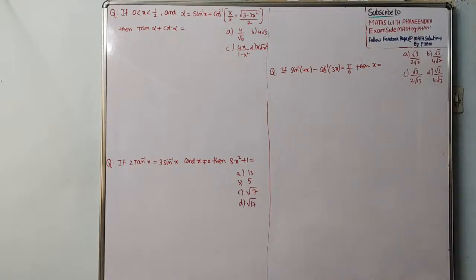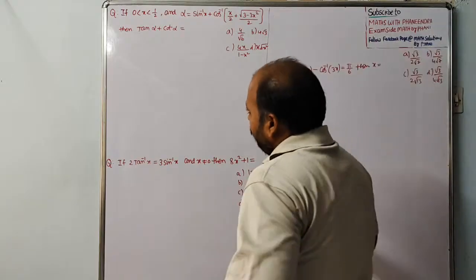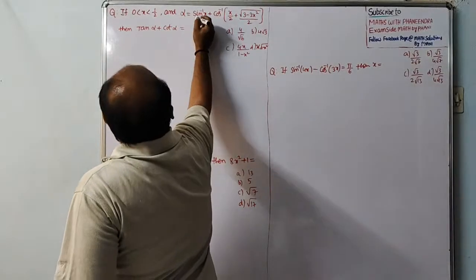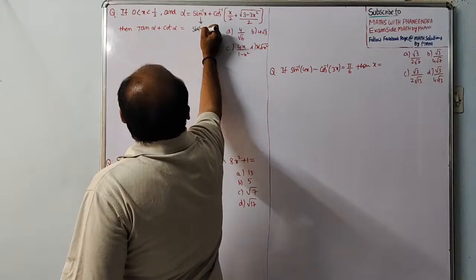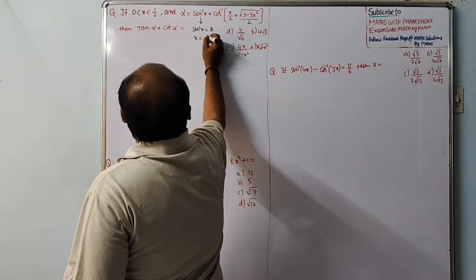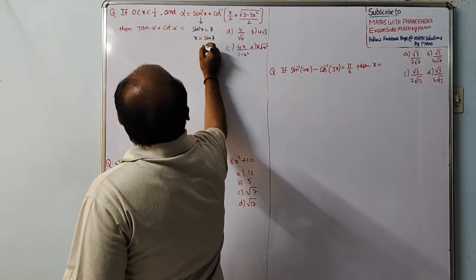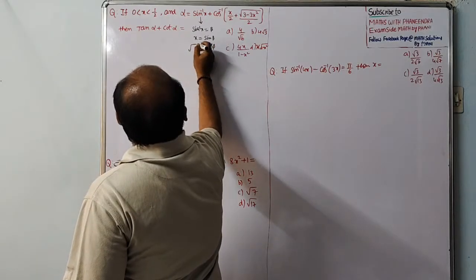So which are the good questions conceptually? We can expect these types of questions. See, in this, sin inverse x is equal to some beta, you take it. Sin inverse x is equal to beta, x is equal to sin beta. Then cos beta equals root over 1 minus x square only.